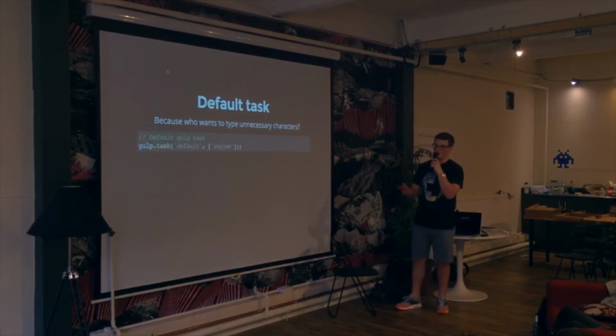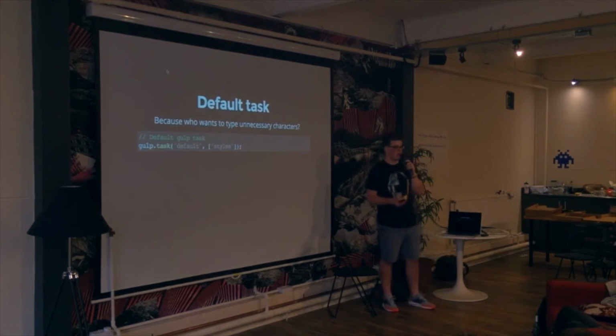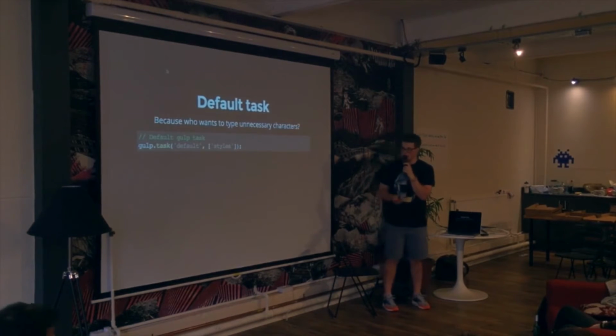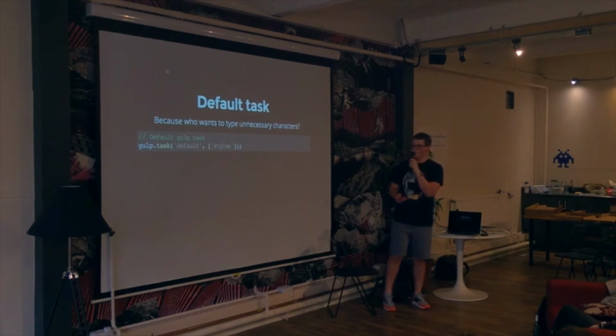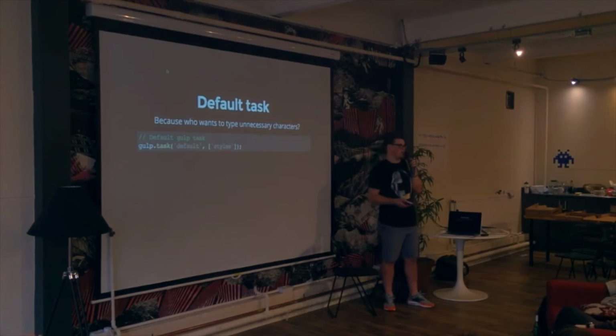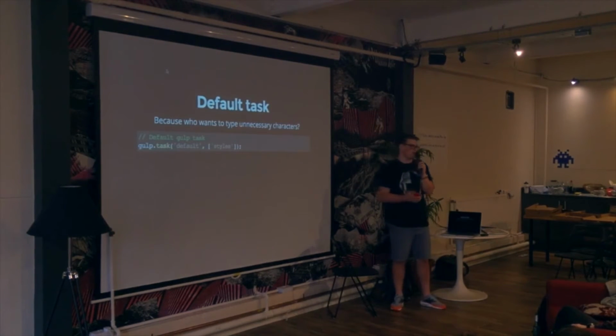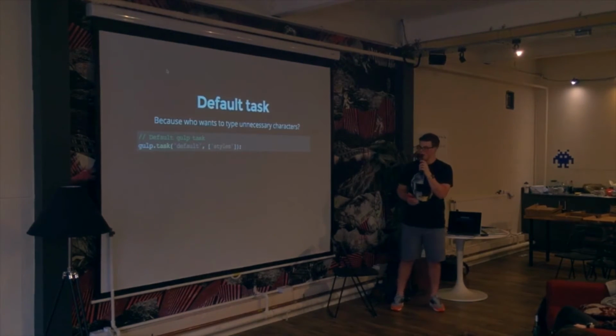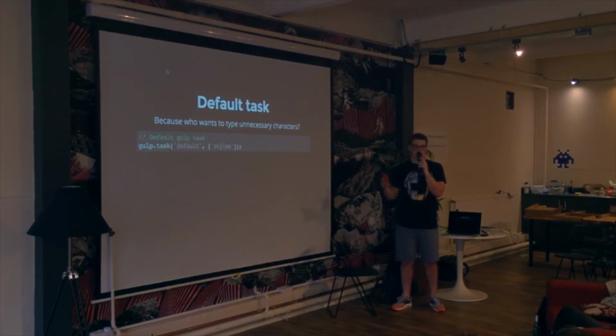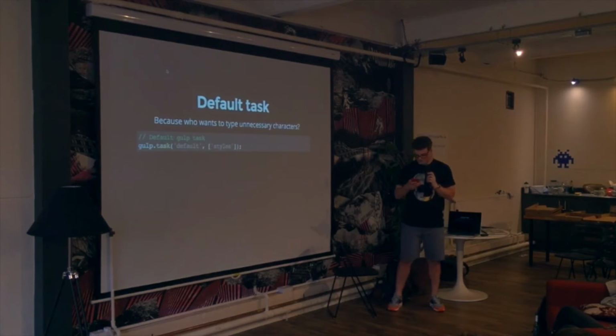So, as I just showed in our last example, we had to write gulp styles to actually run that task. Now Gulp has a default task which we can use. In this instance, we only have to type gulp to run it. Now you'll notice in the function I'm passing an array there. In this instance, we've only defined one task in our Gulp file currently, and that's the styles task. So I've passed that in there, and that simply means that the default task will then run the styles task for us.